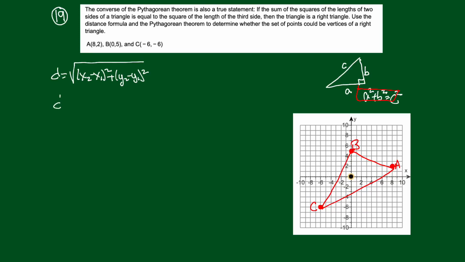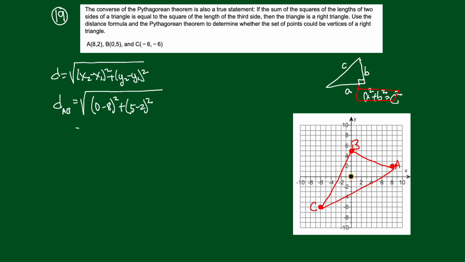Now, I'm just going to label it with a little subscript, distance between A and B. So this is going to be the square root of, now look at A and B. Take the second x minus the first x. That's going to be 0 minus 8. So let's write that one. 0 minus 8 squared plus, now the difference of the y's. Second y minus first y, 5 minus 2 squared.